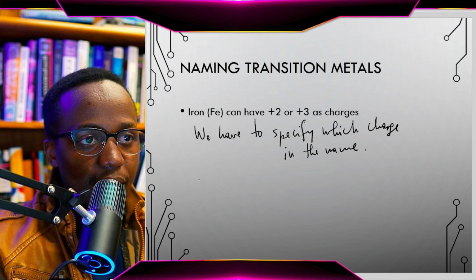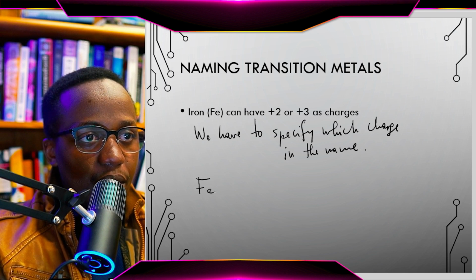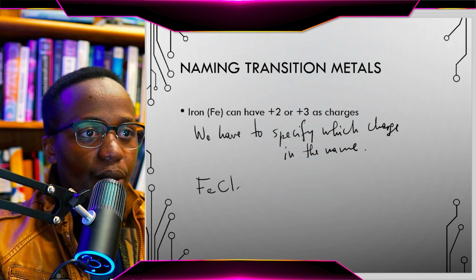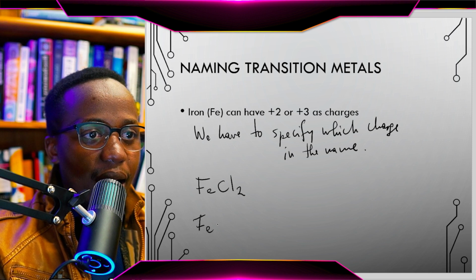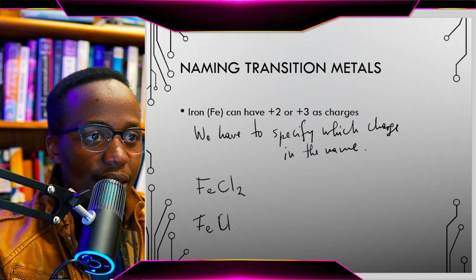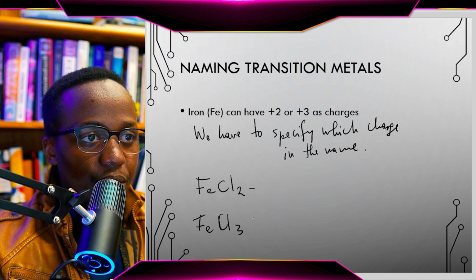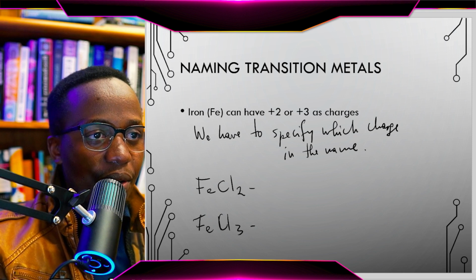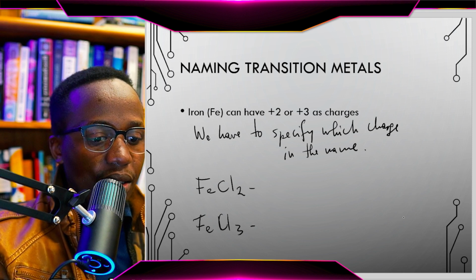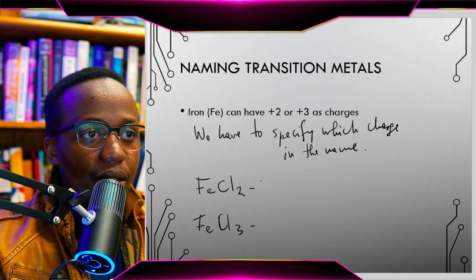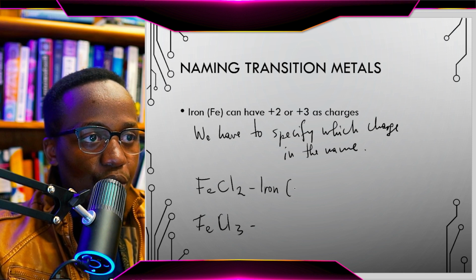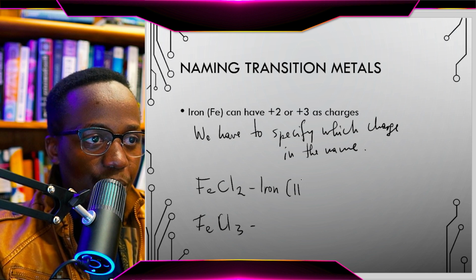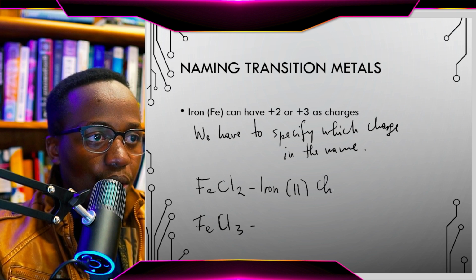What do I mean by that? Iron chloride versus iron chloride, right? FeCl3. They are both iron chloride. So how are you going to tell? We will say this one is iron 2. So we use Roman numerals. Iron 2 chloride.